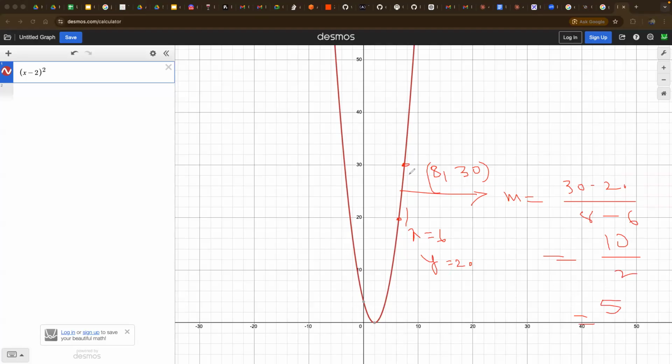Usually we don't consider points that are this far apart. We consider very small increments, but it is 5. So 5 is the magnitude that we got. But what is the direction? When we move from this point to this point, what is happening to y? It is increasing, right?